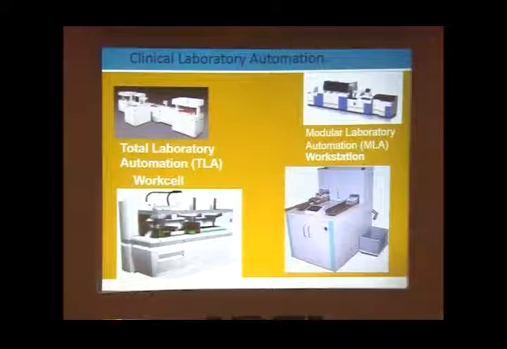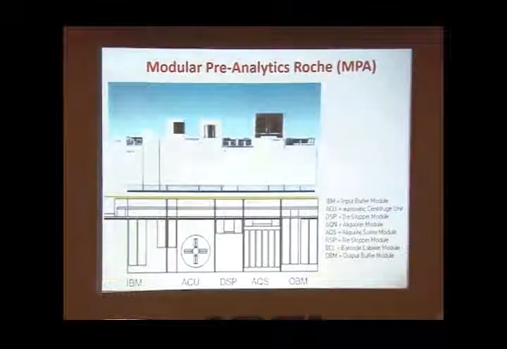And see here again you have total automation from Tecan and WorkCell, Workstation. So you can choose depending upon what kind of workload you have and what all you want to automate. Actually here, this is what we have in CMC Vellore. This is from Roche.